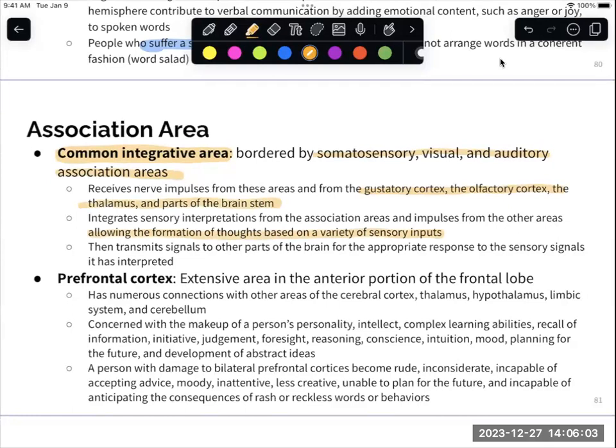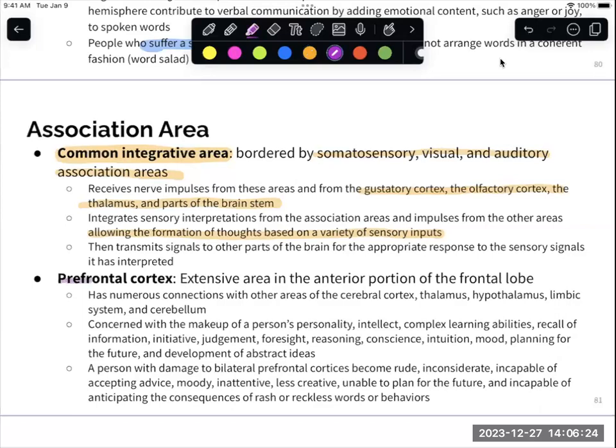So when you eat something or smell something and you think, oh, that smells good, that's coming from this common integrative area. Or you taste something, you're like, oh, that tastes really good. Common integrative area is sending that information.